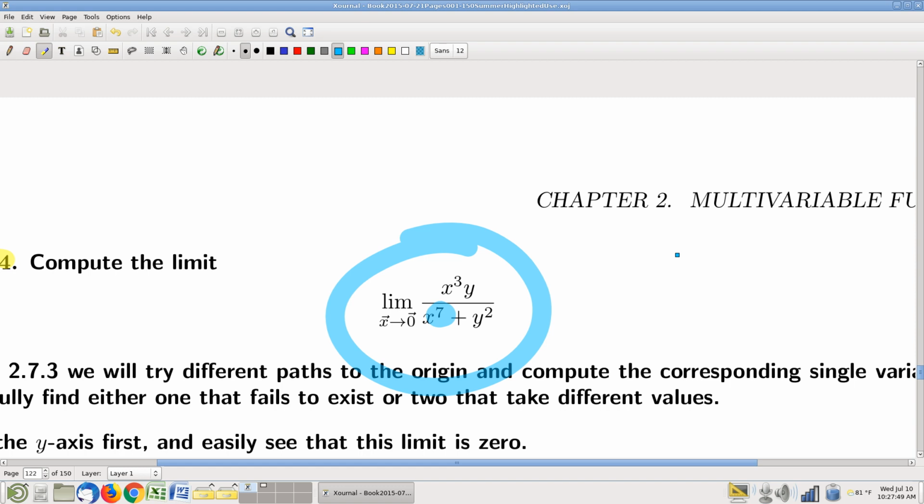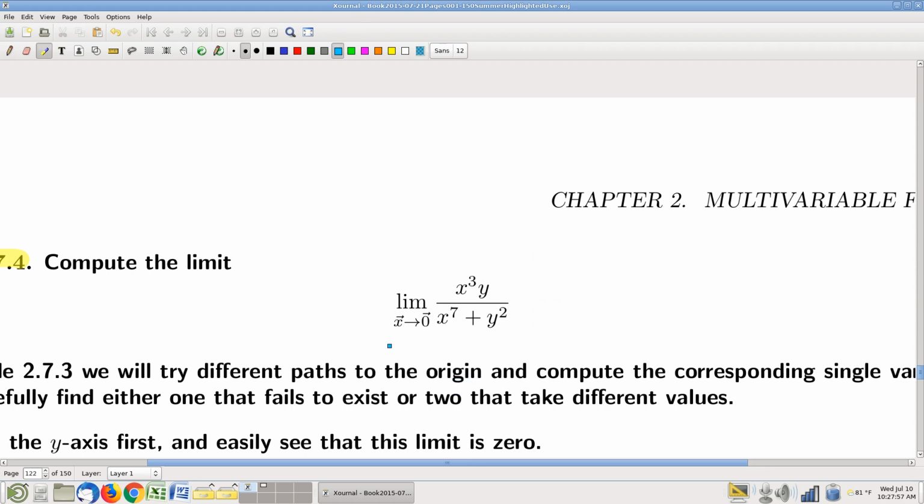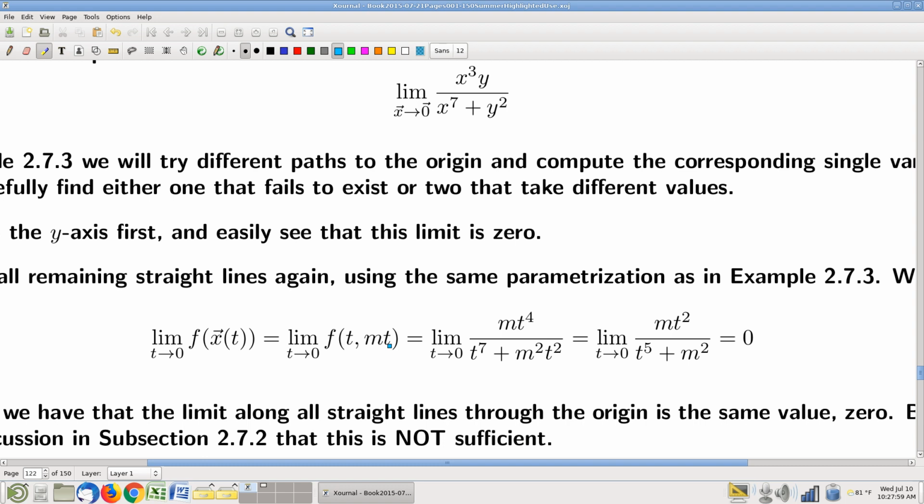Maybe there's some way that theta could move that it'd be a problem. So polar is not a good approach here. So we're going to try different approaches.